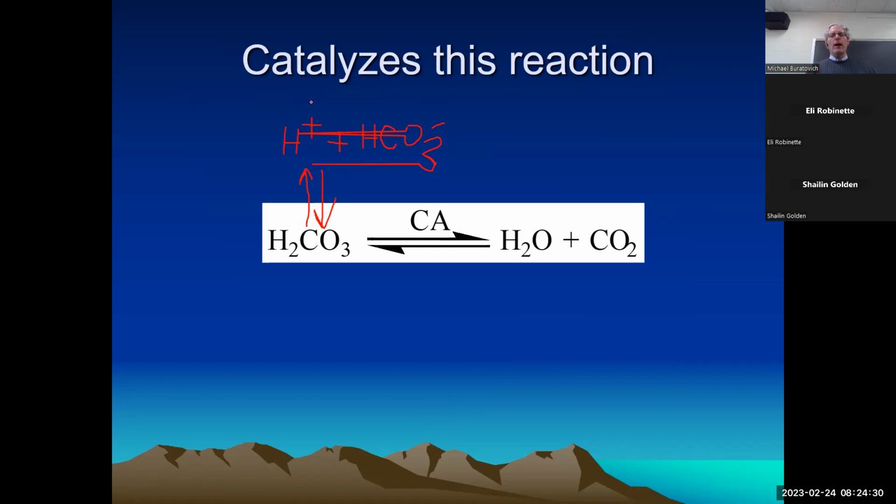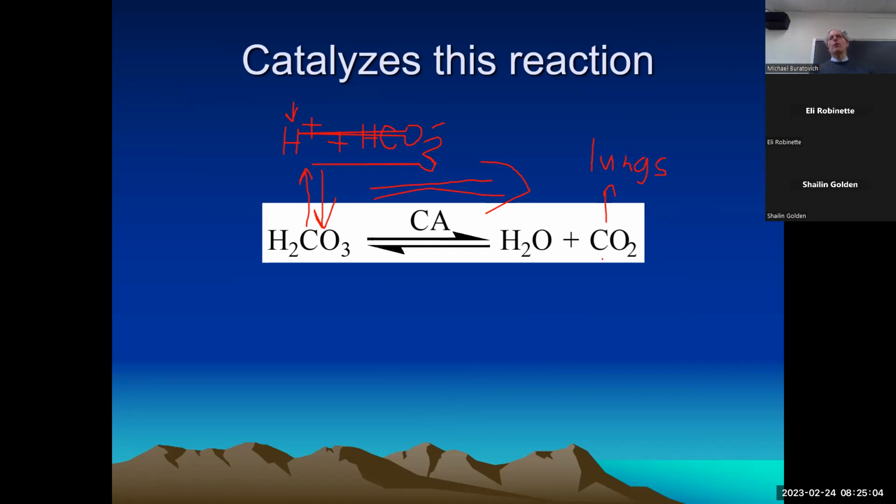So if you have more acid, that's going to drive this reaction in this direction here, and you will get rid of more CO2 in the lungs. Consequently, acidosis will tend to increase rates of ventilation.